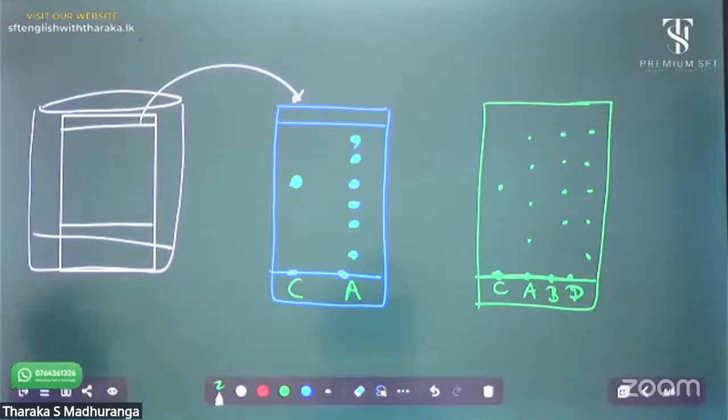What is the dynamic phase of thin layer chromatography, TLC? Dynamic phase means that it helps to travel compounds, but it is traveling. That one also traveling. This phase is also traveling.